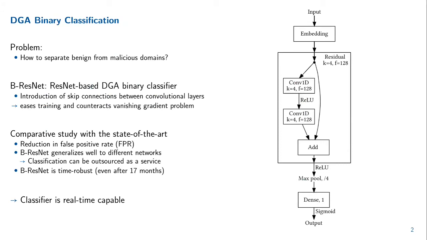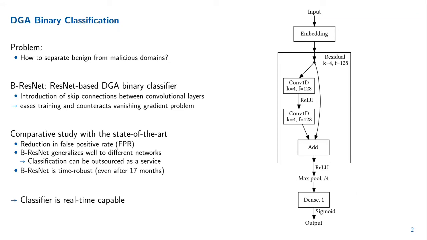And this classifier introduces skip connections. You can see it here, which ease the training and counteract the vanishing gradient problem. We did a comparative study with several state-of-the-art classifiers, and there we could show that our classifier yields a reduction in the false positive rate. And here we also investigated 2 different properties.